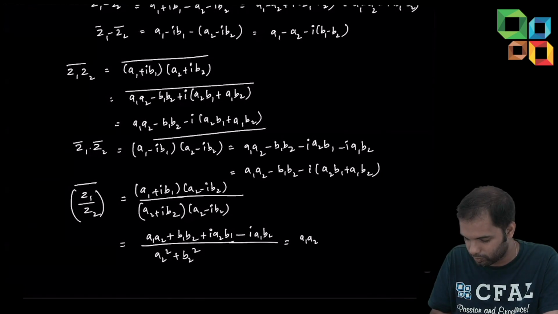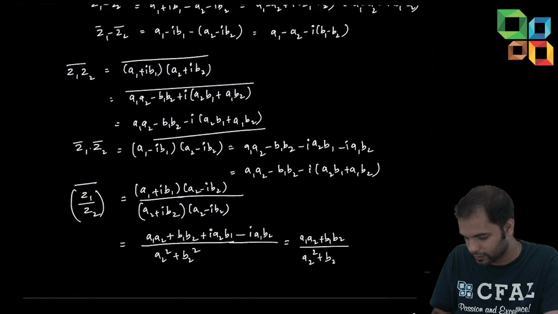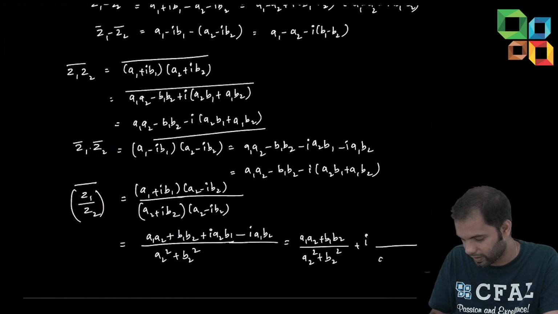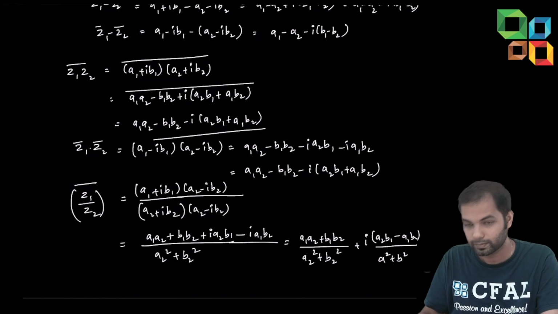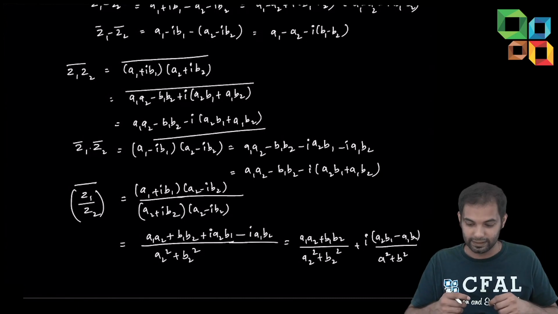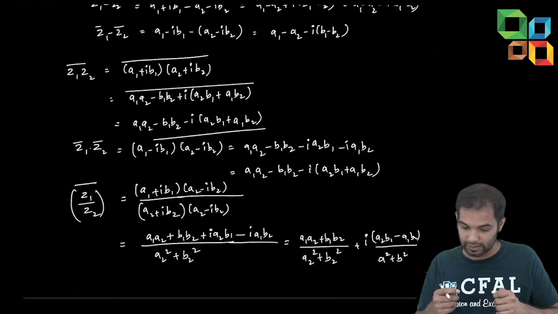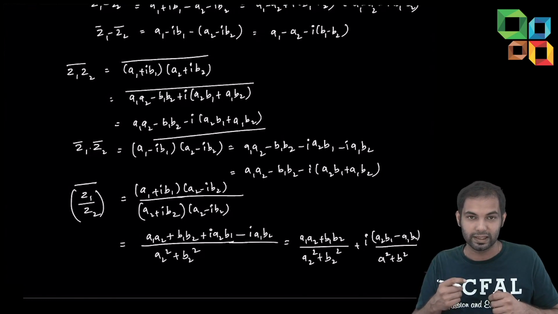It's A1 A2 plus B1 B2 divided by A2 square plus B2 square, plus i into, again, I'm just separating the denominator, nothing much, A2 square plus B2 square. The numerator is A2 B1 minus A1 B2. So this is just the division, that is Z1 by Z2.